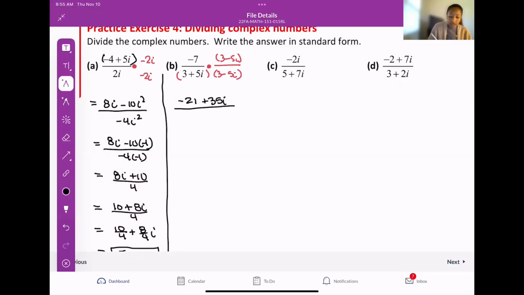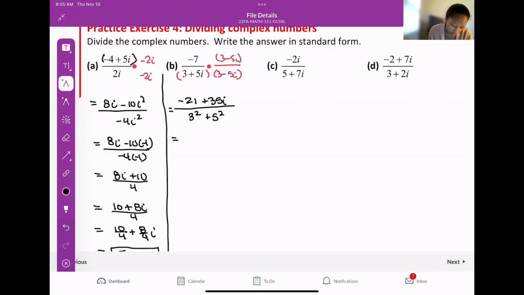And in the denominator, when you multiply 3 plus 5i by its conjugate, 3 minus 5i, we just get 3 squared plus 5 squared. If you are not convinced of this, or you don't see how it works, FOIL it out, and after you do a couple of them, you'll start seeing that pattern.